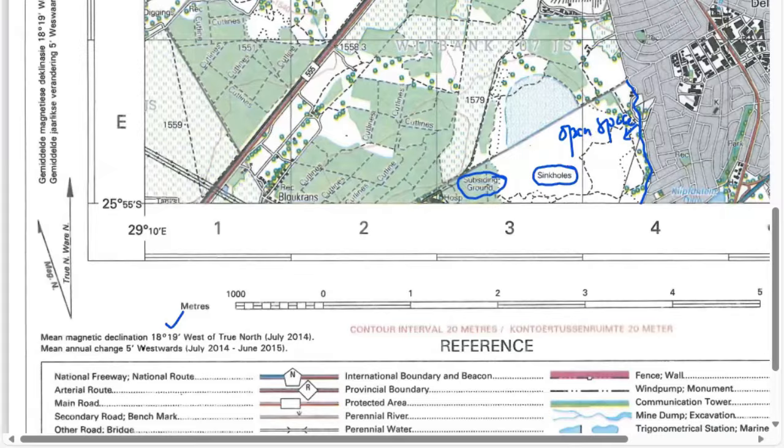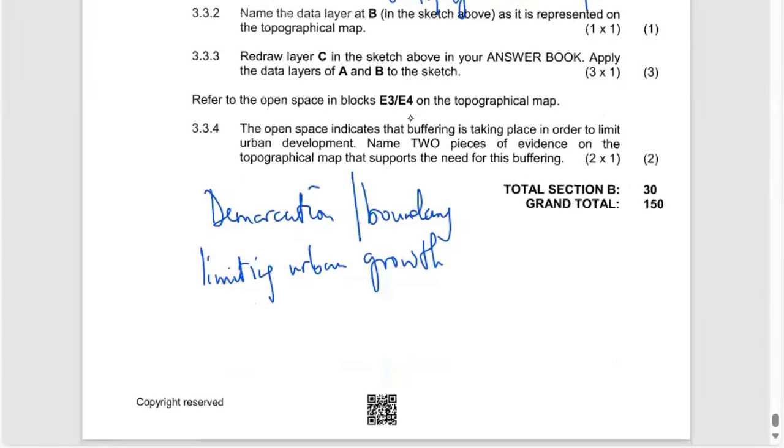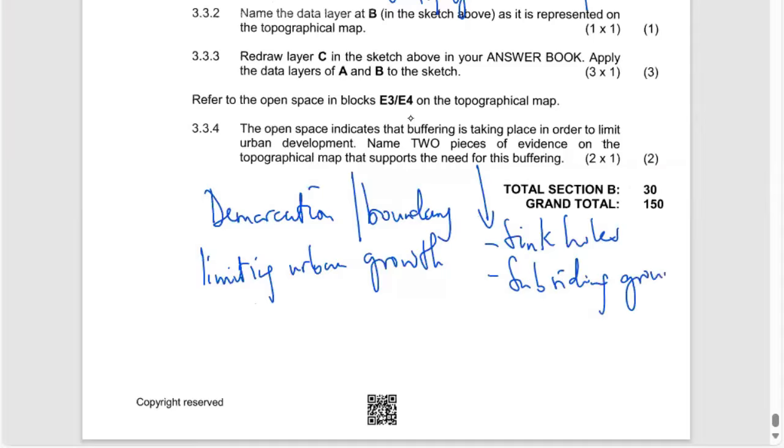So if we are to justify, our justification is the area, it has sinkholes, and it also has subsiding ground. Those are our responses or our justifications as to why there's need to buffer that particular urban area and not encroach into that open space. It's a very risky area to develop infrastructure and to build houses.